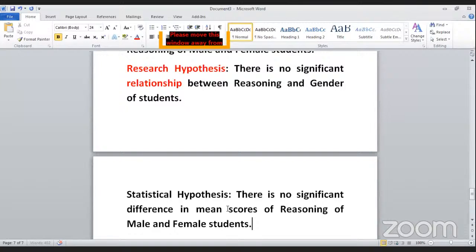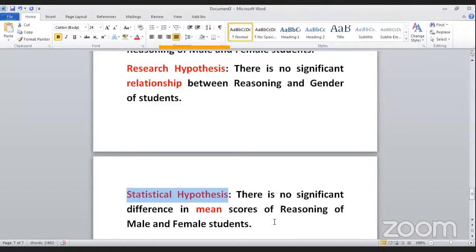Now please understand, here I have used the word mean. And since I have used the word mean, this becomes a statistical hypothesis. Now you see the difference in the wording of the two hypotheses. This is the research hypothesis, that there is no significant relationship. And here I am saying there is no significant difference in mean scores of reasoning of male and female students.